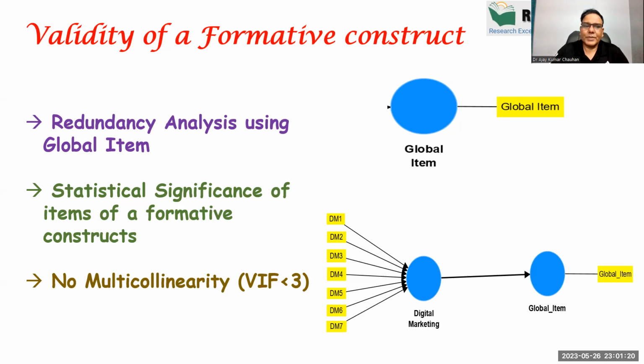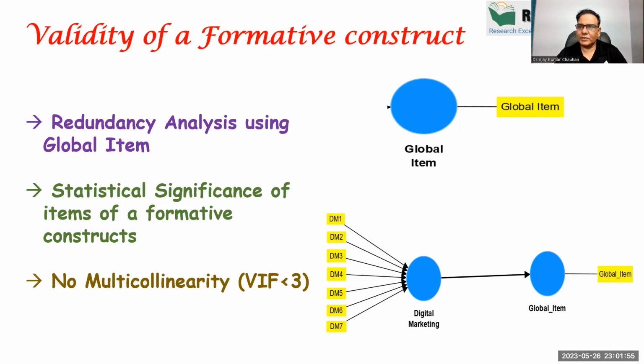For example, if you are using financial literacy, which is a formative construct, in addition to the measurement of financial literacy, which you are measuring with the help of financial attitude, behavior, knowledge, you can also ask how you rate your financial literacy, or rate your level of financial literacy on the scale of 1 to 5.